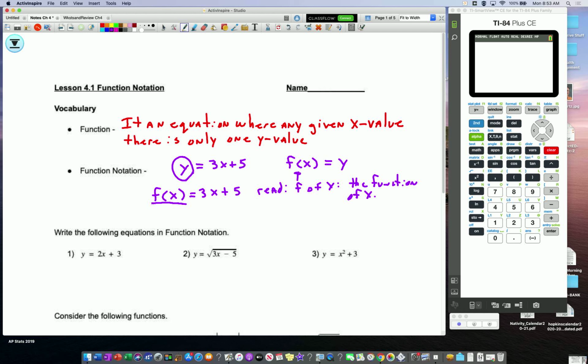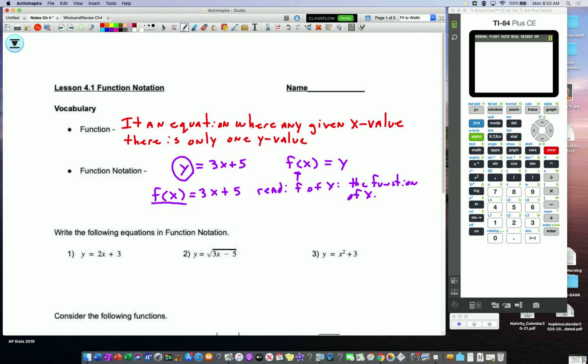It might represent height, so I might say h of t, or if it represents profit, I might say p of x. You can always use different letters to help you remember what the function notation is. So here's how the function notation works. It's actually pretty easy.